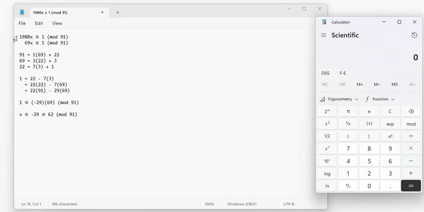Or you can check the original unsimplified congruence: 1980 multiplied by 62, you get that number, divide by 91, subtract 1349, multiply by 91, and you get a 1 again. So the answer 62 here is correct.